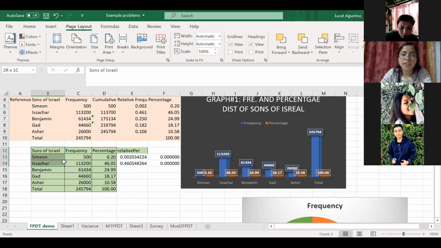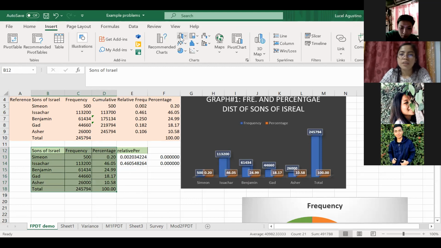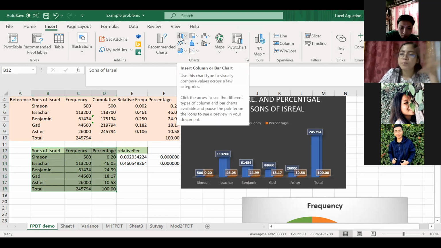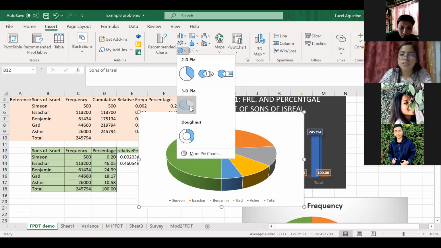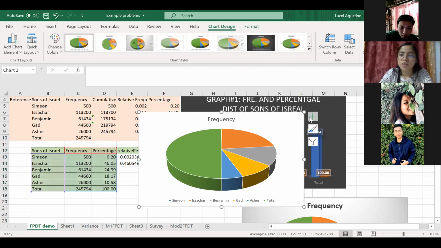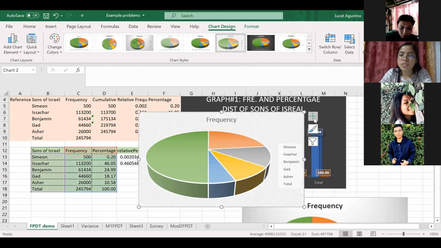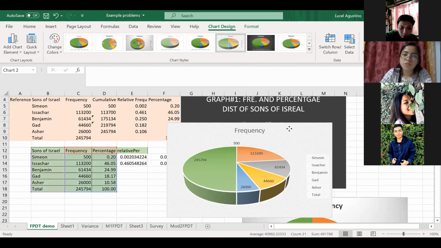So if I shade the sons of Israel, the frequency and the percentage, you can see here the bar graph. So in the top, you can choose there the pie chart. So for example, this 3D chart. So you can put as well, for example, this design, you just choose, and then data value, so you may do so.